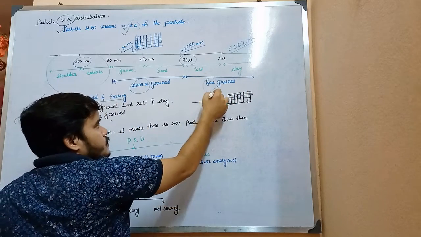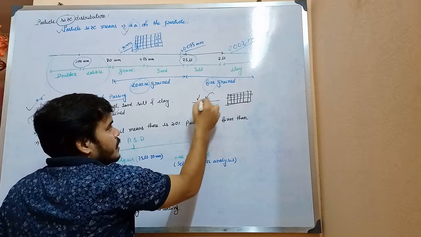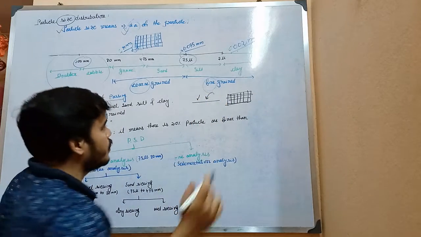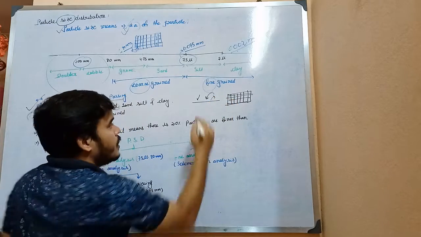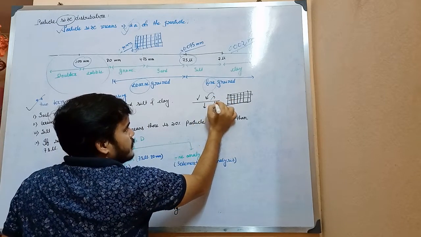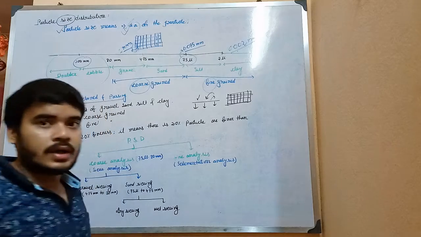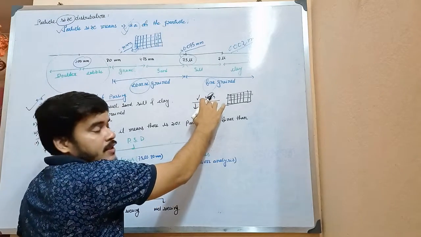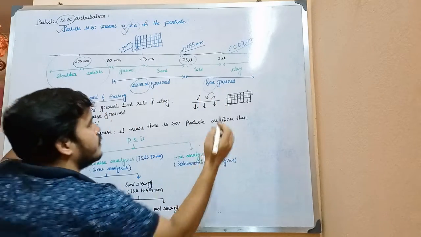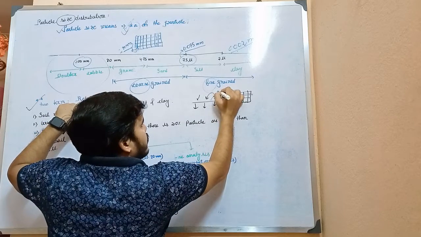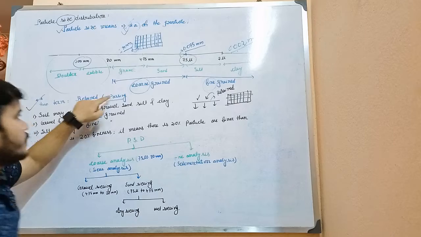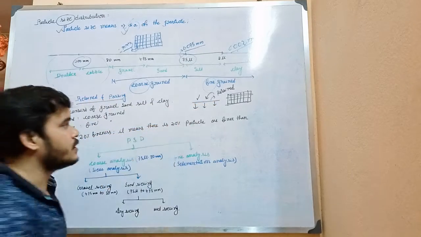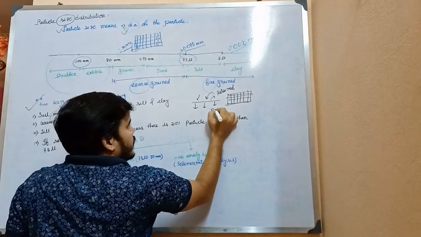If you put some soil on this sieve, some amount of soil will stay here and some amount of soil will pass through this sieve. The soil which stays in the upper part of the sieve is called retained soil. And the soil which passes through this sieve is called passing soil.